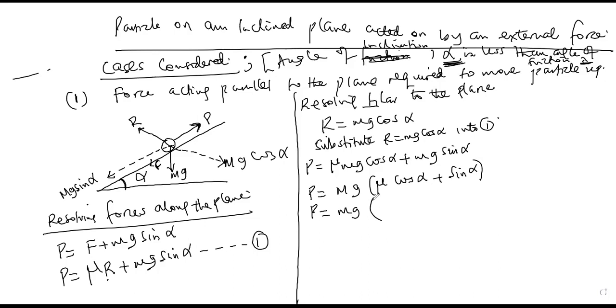This mu, we had already seen what mu is equal to. We said that mu is sine lambda over cos lambda, the angle of friction.